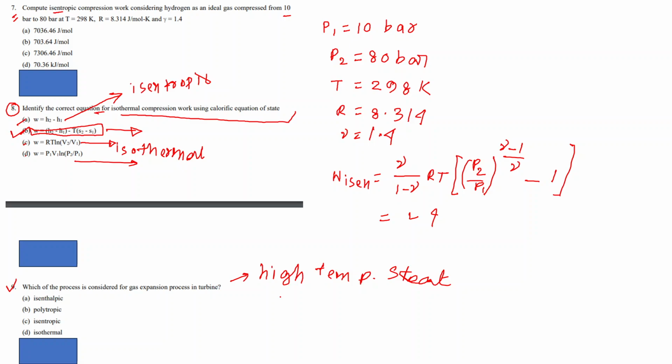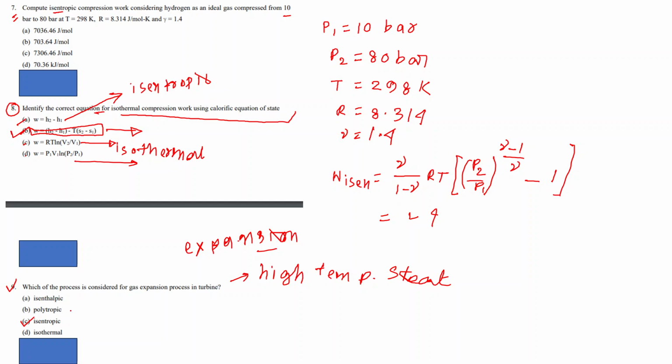We will get electrical energy. In the turbine, the expansion process occurs. Obviously, high temperature steam is expanding in the turbine. So our answer will be isentropic expansion process. Option C is correct.